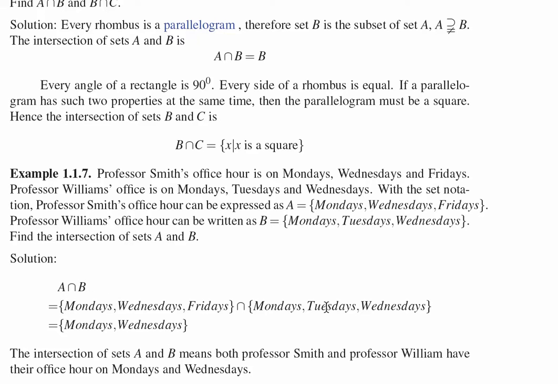That's the common part. Common part here, they are Mondays. Tuesdays is in B, but not in A, so Tuesdays is not included. But here it has Wednesdays, here it has Wednesdays. So Mondays and Wednesdays are the common part. Fridays are in A, but are not in B. So that's why we have Mondays, Wednesdays. The common part will be the intersection. All right? So please review this lecture. I'll see you next time.